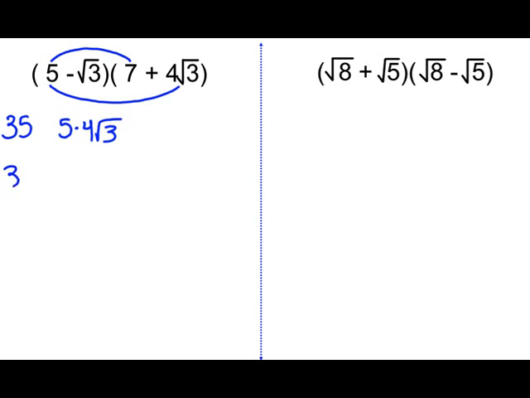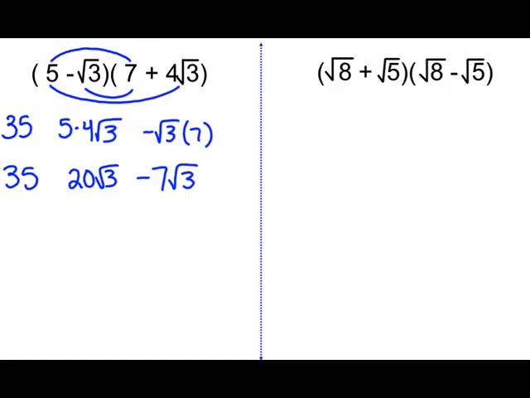We have the 35. 5 times 4 is 20, so it's 20 square roots of 3. Inside times inside. So negative square root of 3 times 7. Well, 7's on the outside, and there's a negative on the outside, so it becomes negative 7 square roots of 3. Now, if there's no sign, then the sign is positive.